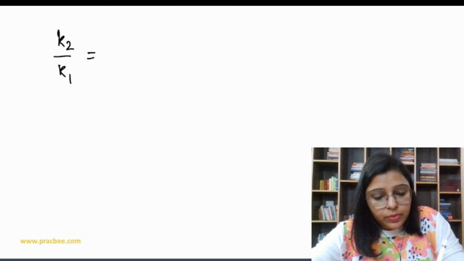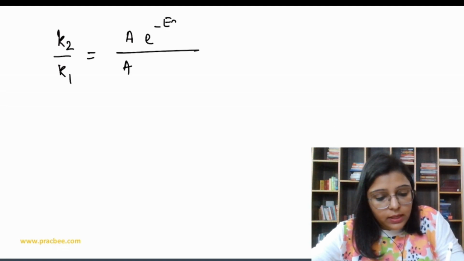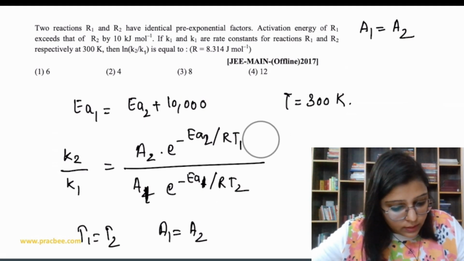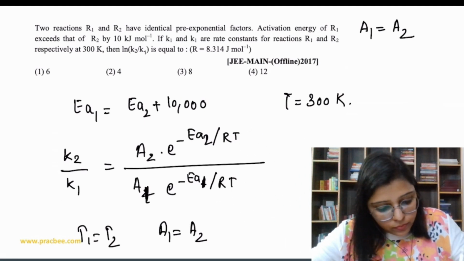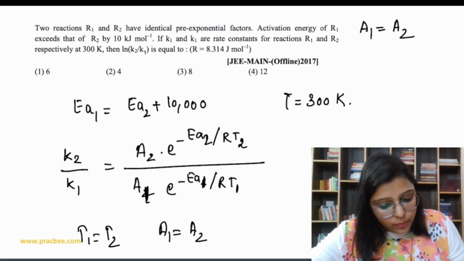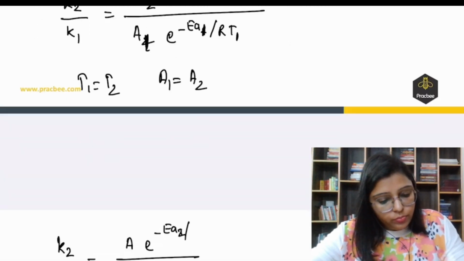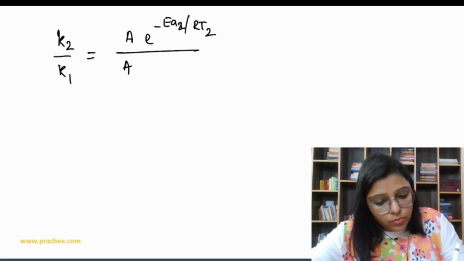So it means we can write K2 upon K1 as A upon A times e to the power minus Ea2 upon RT minus Ea1 upon RT.